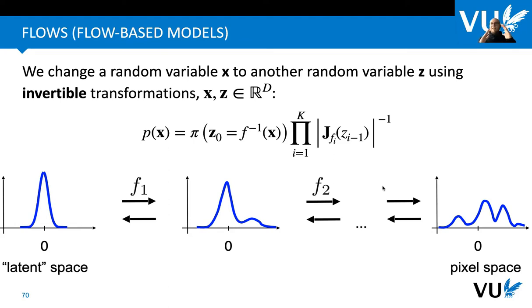I always imagine that when I think about flows, I really see a pile of sand. Okay, so I can have this beautiful Gaussian pile of sand, and then my hands are these transformations f's. And if I, let's say, record my movements, I can take this pile, move it a little bit, then separate it again, maybe flatten it, and so on.